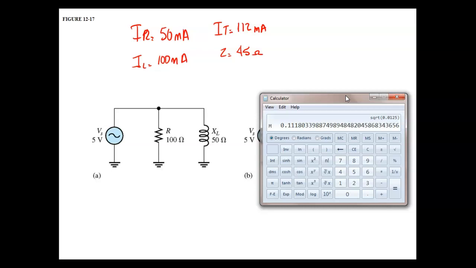Yeah. So back in DC, we just added them together. Here, though, anytime we add reactive and resistive, we have to use Pythagorean's theorem. That's the only difference from what we learned in DC, if we can get it in ohms.